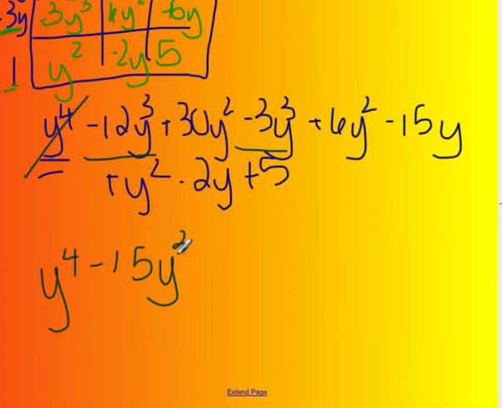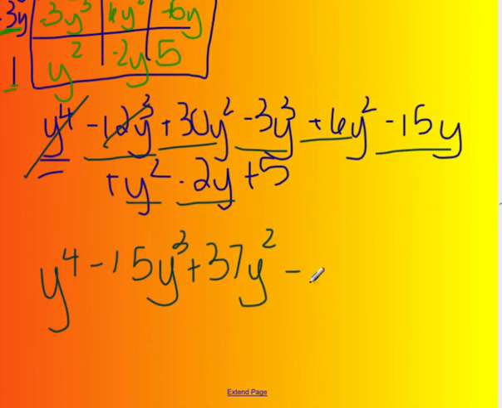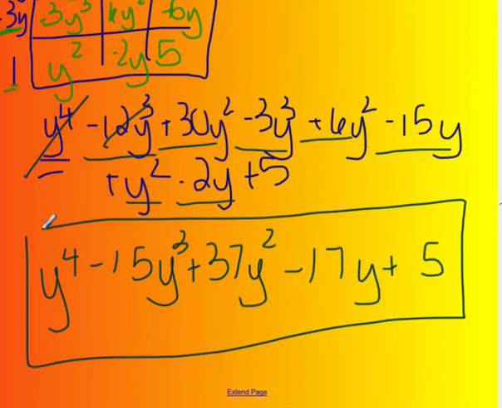Then we have y squared plus 30y squared plus 6y squared. So all of those are y squared. And since all of those are positive, that's going to give us a positive 37y squared. Then we have a negative 2y minus 15y. That's a negative 17y. And then we're going to add 5 to the end. So that right there is your whole long polynomial.